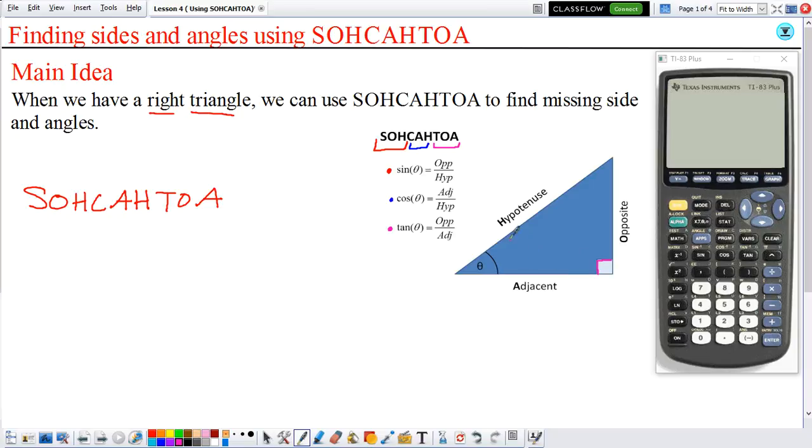So now, let's say this is your angle reference, which is the angle that we're going to be basing our Sohcahtoa from. The side that is directly opposite to it, the side that is in front of it, we're going to call that our opposite. The hypotenuse is always going to be the larger side. And the adjacent is the side that is remaining here.